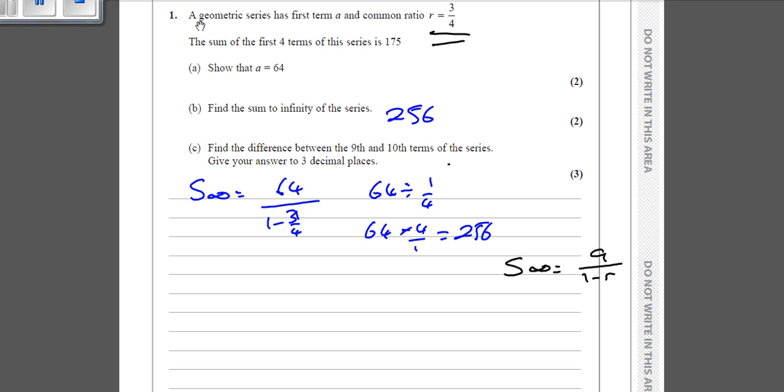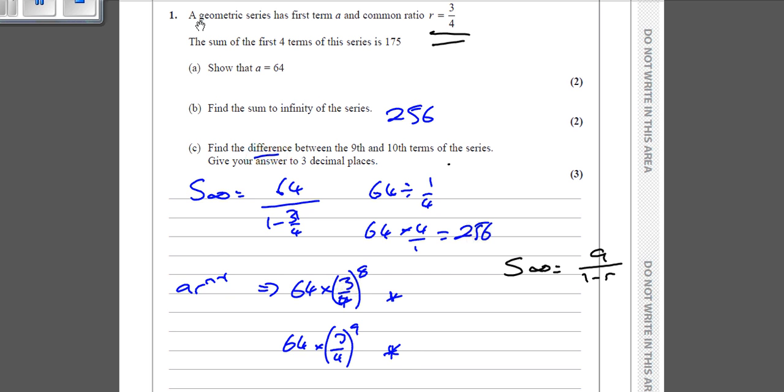And the difference between the 9th and 10th terms in the series, give the answer to 3 decimal places. So what we're going to do here is use ar^(n-1). So for the 9th term, it's going to be 64 times by 3/4 to the power of 9 minus 1, so that's the power of 8. And for the 10th term, it's going to be 64 times by 3/4 to the power of 9. And if we're going to find the difference, we're going to do this one, take away this one.